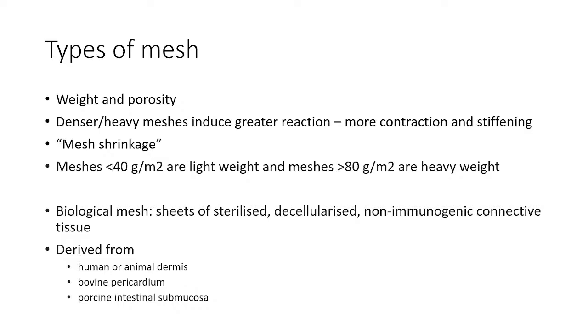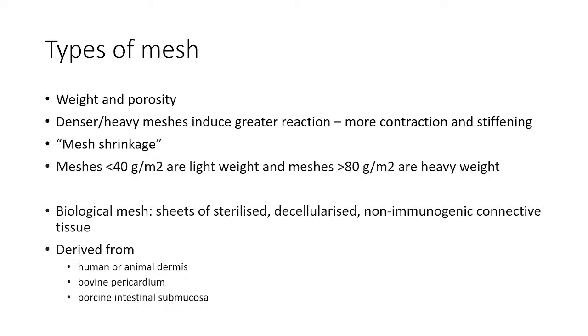That is called mesh shrinkage, and the reduction in size can be anything from 20 to 40, 50%. So, if we place a 5 centimeter mesh, after contraction it may remain about, if we place 10 centimeter after contraction it may remain 6 centimeter.